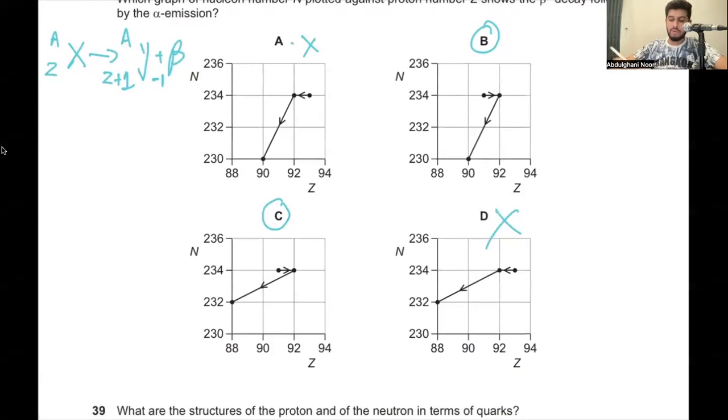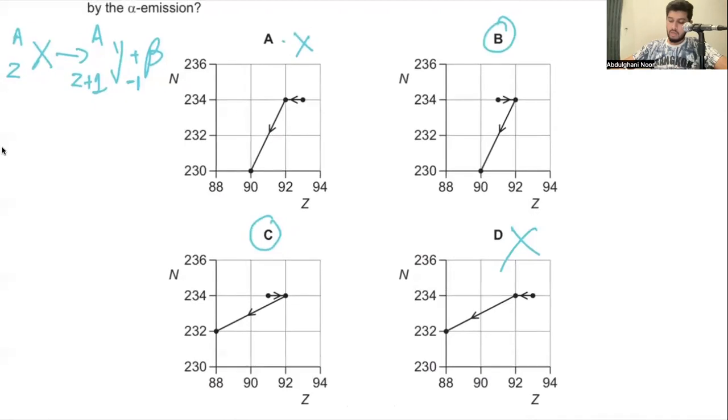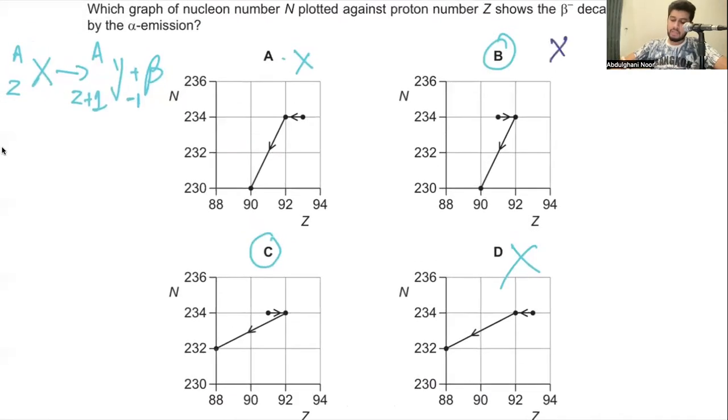Now let's talk about an alpha decay. सही, alpha decay की बात करते हैं. X, A, Z. Let's take the same nuclei. And let's move on to an alpha decay where alpha is 4, 2. And you have Y. So the nucleon number decreases by 4 and the proton number decreases by 2.